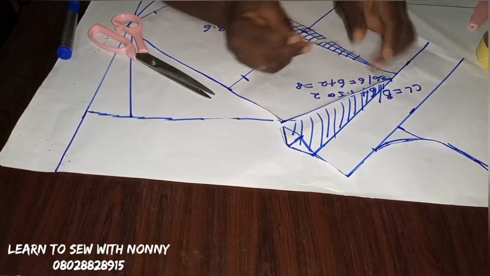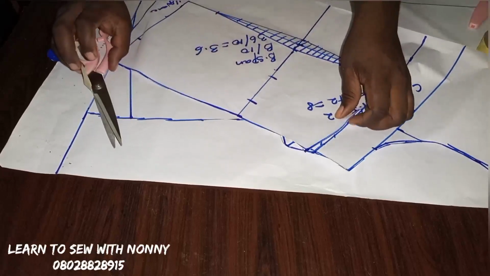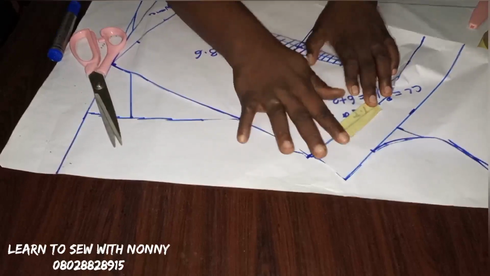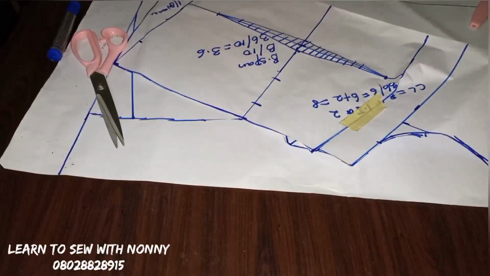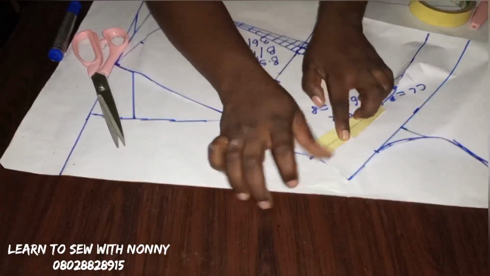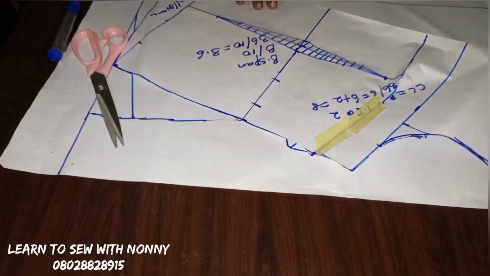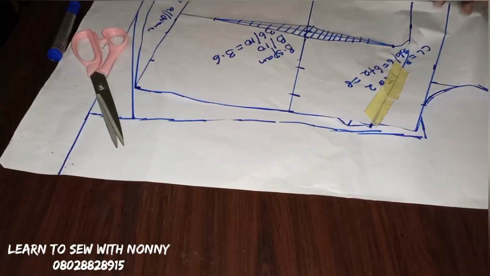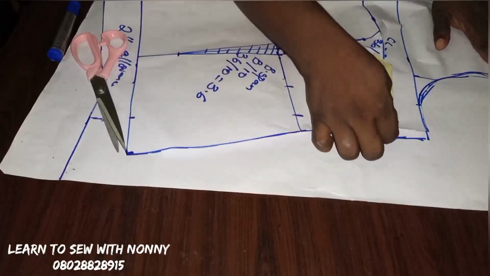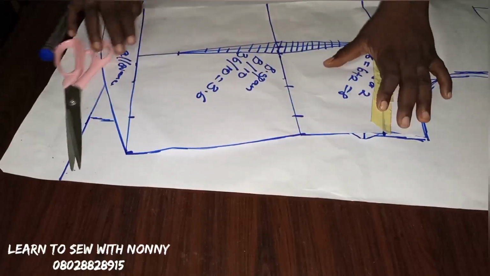Please, you need to have these things at your disposal if you want to be making patterns. Most times making patterns is really helpful, because any alterations you can do on your pattern, any mistakes you can correct on your pattern. You make sure that your pattern is okay before you transfer to your fabric, right? But if you cut on your fabric already, there's no way you can make so much of an adjustment.